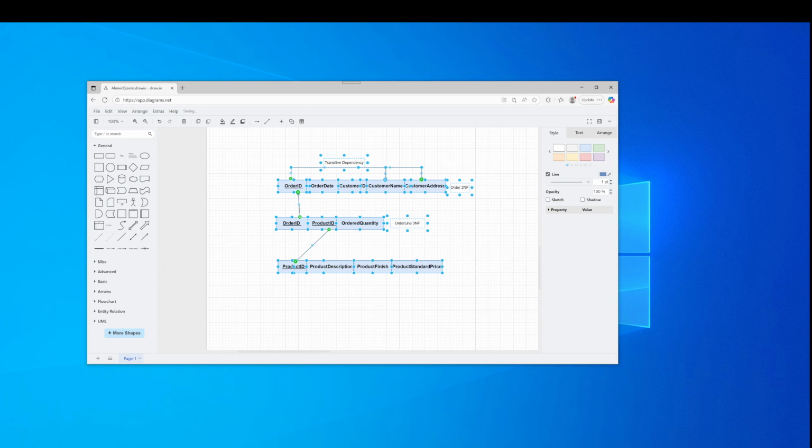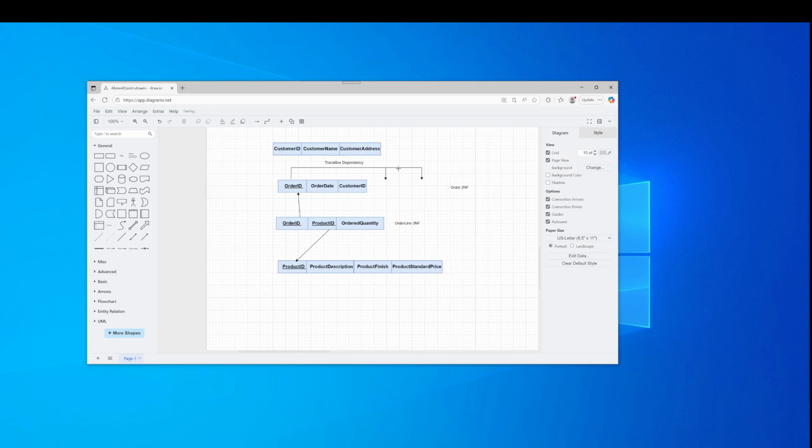So what I need to do is remove these two transitive attributes. According to that, customer ID will determine these. So I'll copy these, put them here, and I'll delete these transitive ones, and I will keep this foreign key to be able to connect to the primary key.